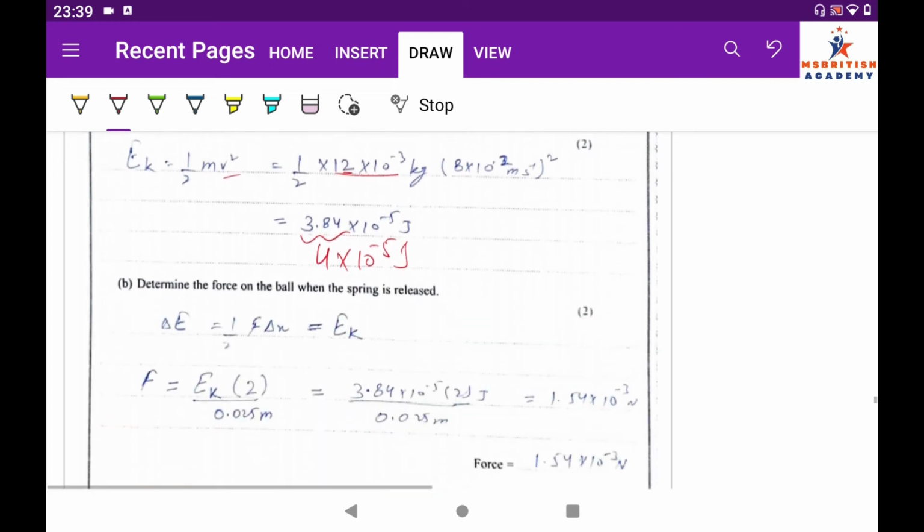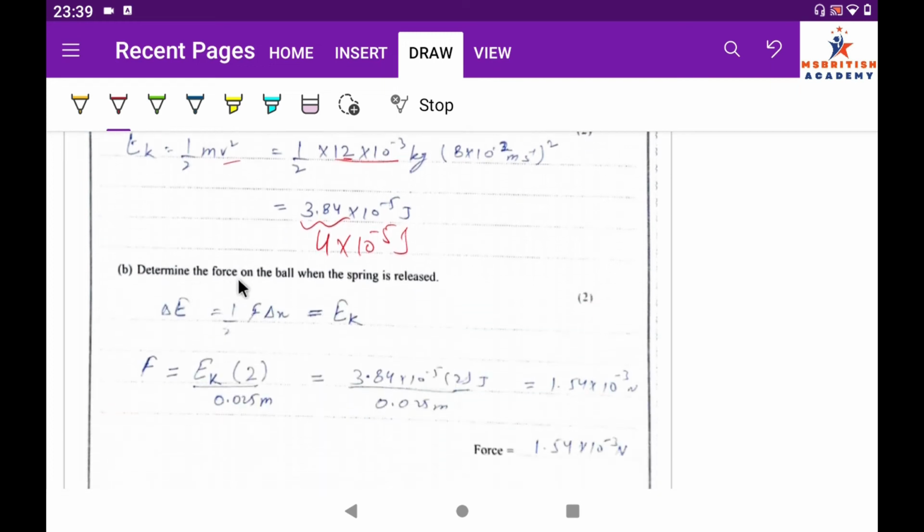Now question B: determine the force on the ball when the spring is released. So the change in kinetic energy is equal to the work done. Force into displacement is work done. We know the formula: the change in total energy, this is not kinetic energy, this is the change in total energy, is the work done, F force into displacement.